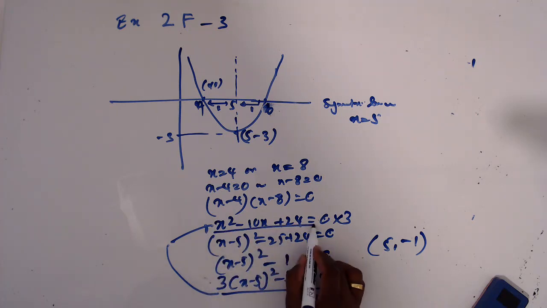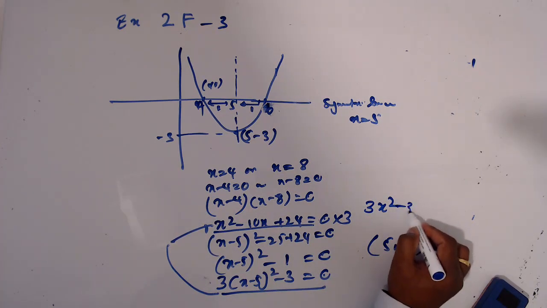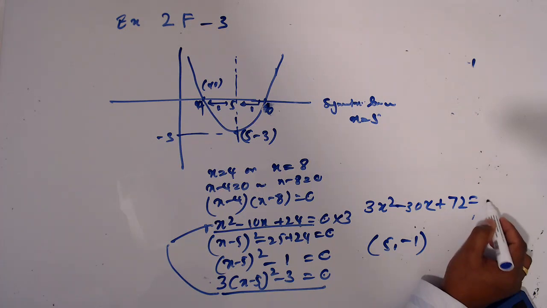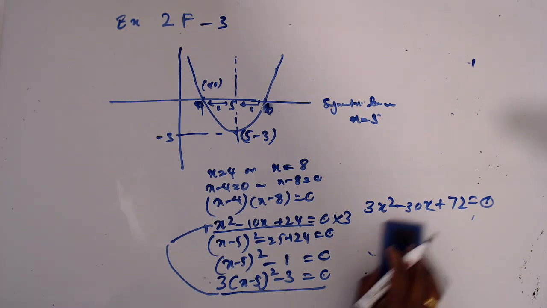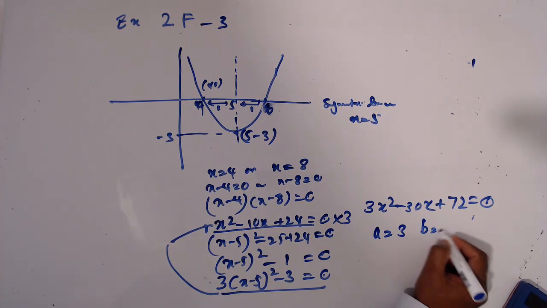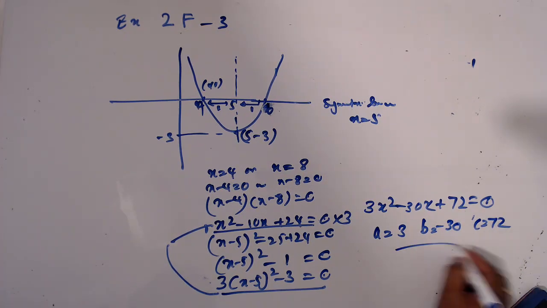So this becomes 3x square minus 30x plus 72 equals 0. Then we can tell a equal 3, b equal minus 30, and c equal 72.